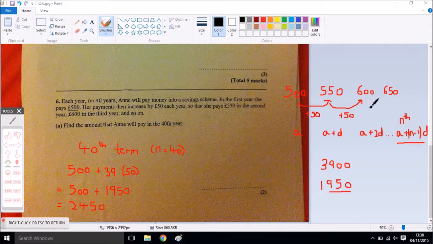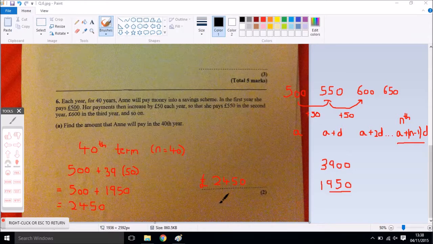So if you continued this sequence, you carried it on, the 40th term would actually be £2,450. So this is how much you'll pay into the savings scheme on the 40th year. So 2,450. So you just put your final answer on the dotted line there.